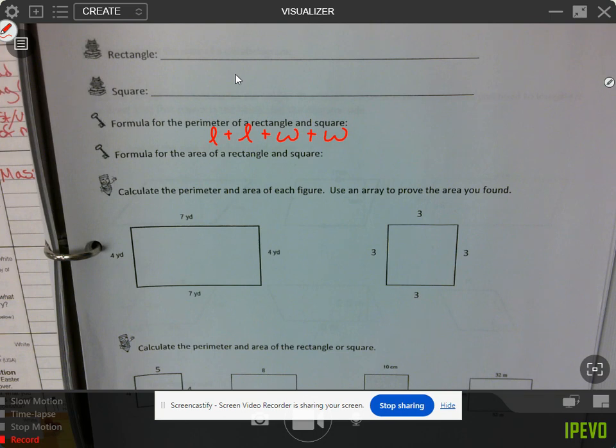So we are adding all 4 sides. Perimeter is adding. Important to remember.